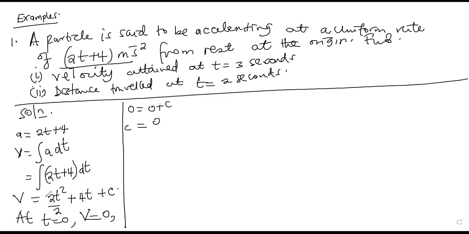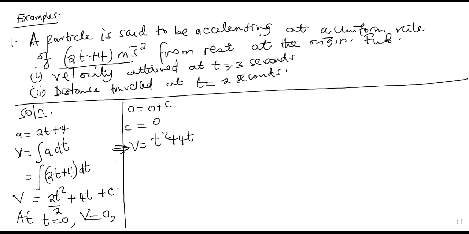Then bring it here and get the value of velocity. So velocity is equal to t squared plus 4t.